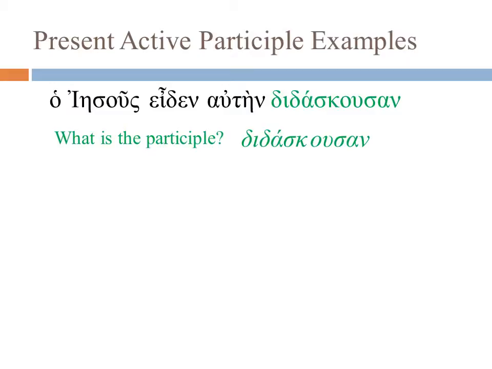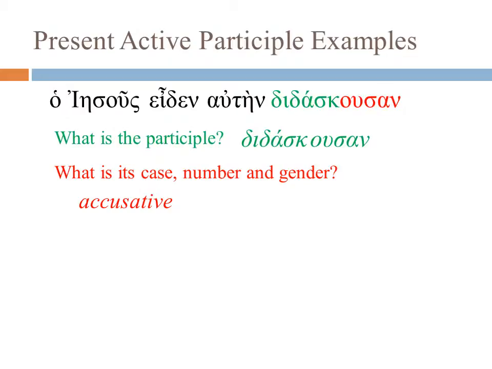Not with that nu at the end. So we're going to ask the next question. What is its case, number, and gender? What is the case, number, and gender of usan? Well, usa is the basis of it. And it has a nu added to it. So that makes it accusative, singular, and feminine.